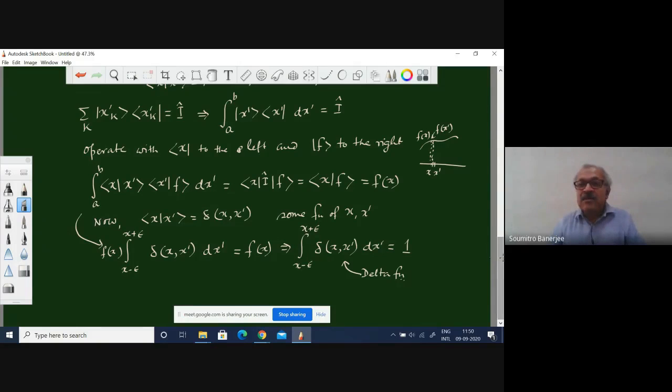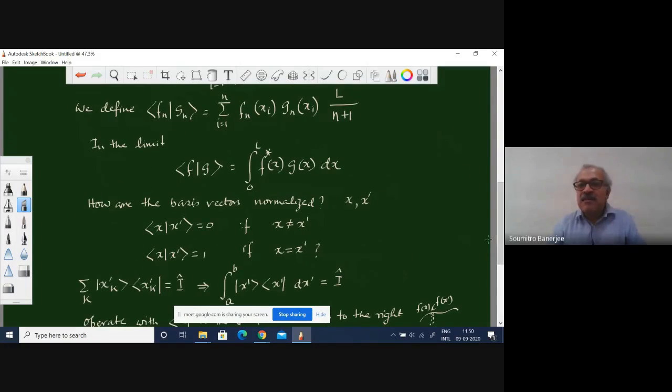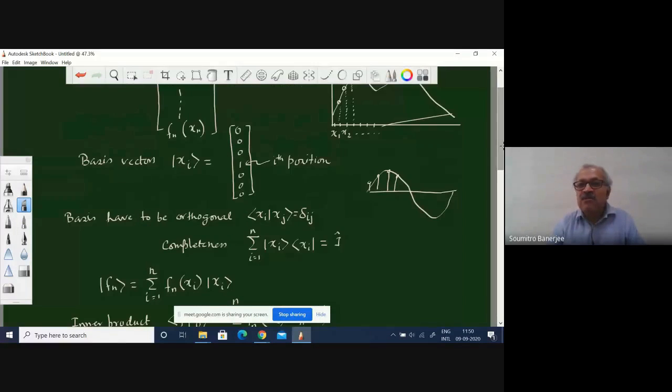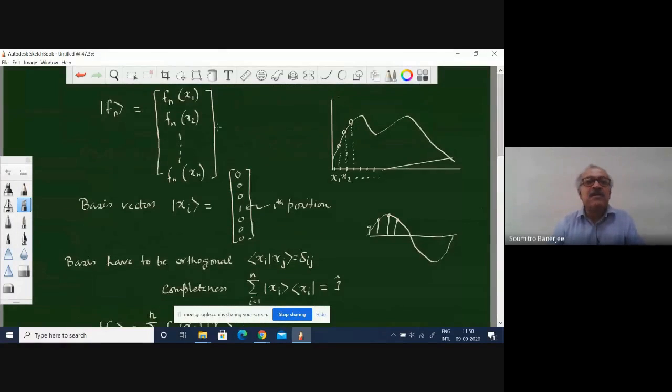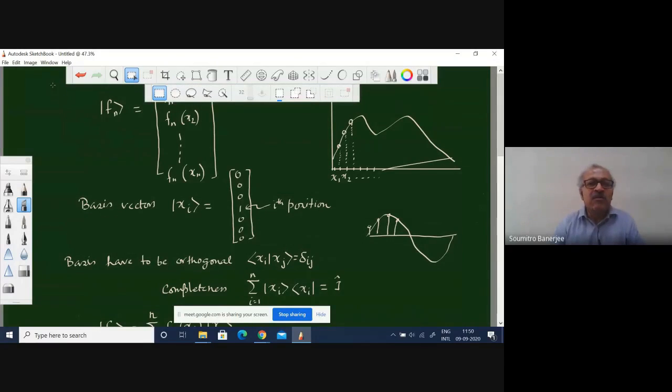All right. So before we end, I'll just clear up this part and I'll give you a sense of what the Dirac delta function actually looks like, or how it can be visualized.